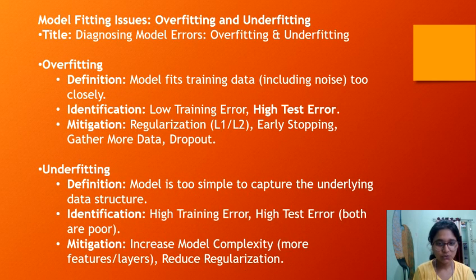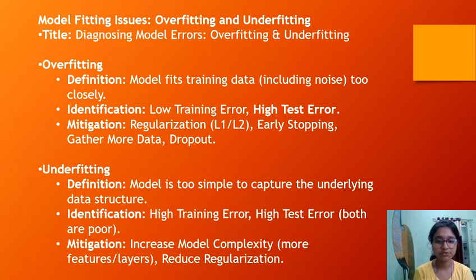Model fitting issues, overfitting and underfitting. Title: Diagnosing model errors, overfitting and underfitting. Overfitting. Definition: model fits training data, including noise, too closely. Identification: low training error, high test error. Mitigation: regularization, early stopping, gather more data, dropout.